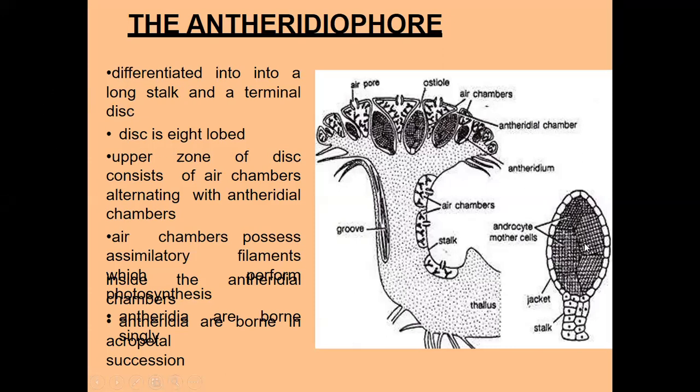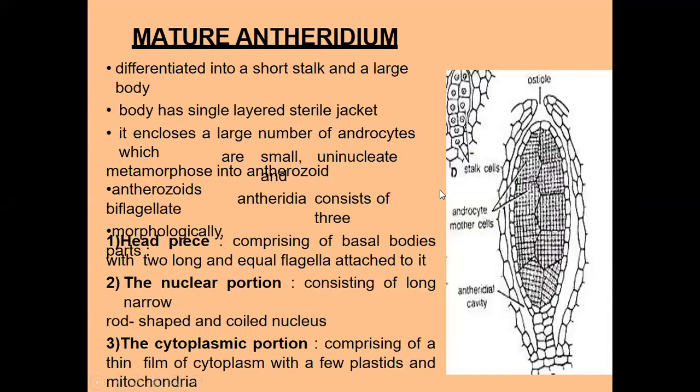Now, the structure of the antheridia: they are globose structures with a small stalk. Another important point pertaining to the sexual organs in bryophytes is that they are covered with a jacket layer of cells.